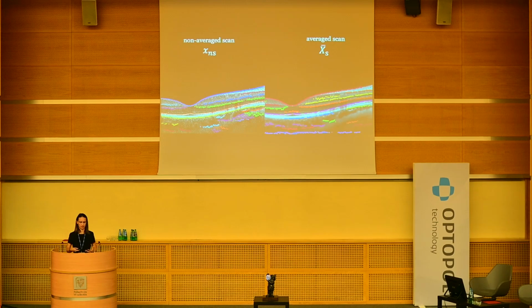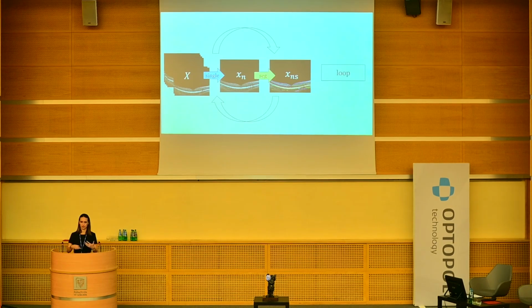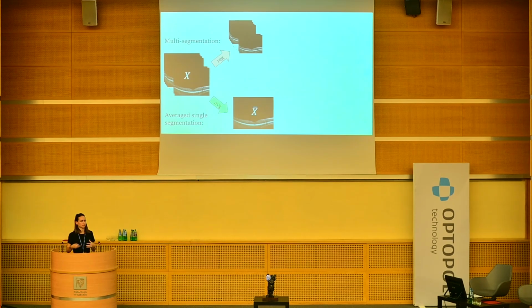To continue with this idea even further, the idea of performing segmentation of the elements of the set of X in a loop is introduced. And that is the basis for the multi-segmentation idea. The first step is considering the set of X. The second step is the image registration, which is mainly focused on adjusting the spatial orientation of the scans to one base scan.